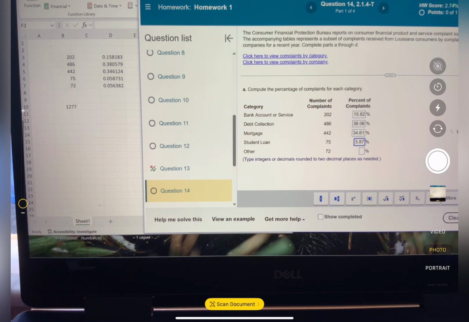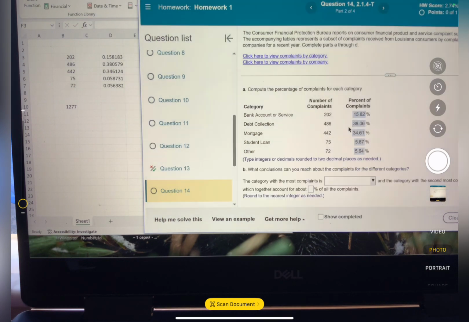Of course, students don't care to complain. And the other is 5.64 here. 5.64. All right, checking. Okay, so we learn to be more careful.